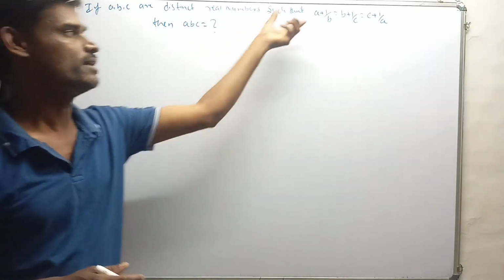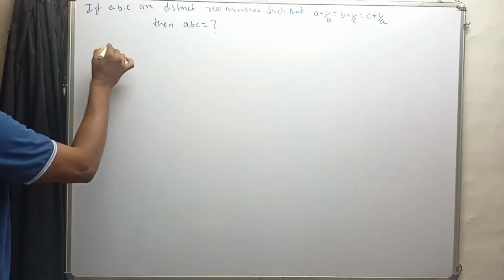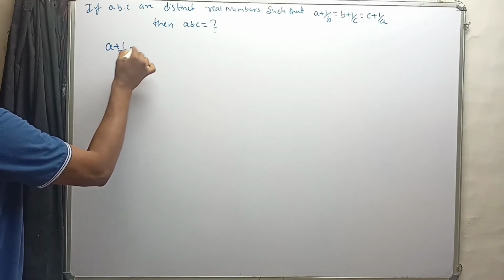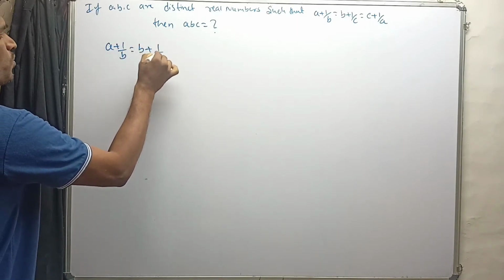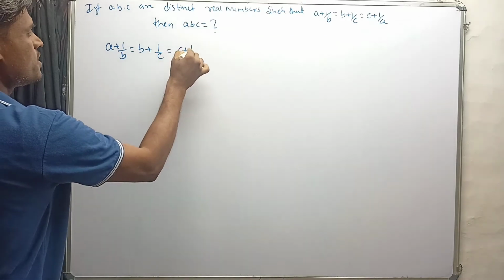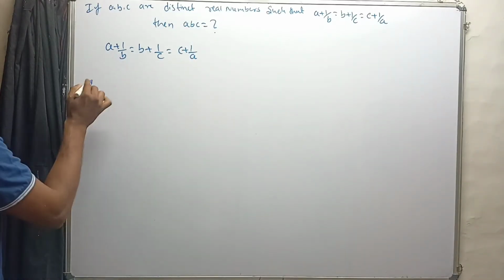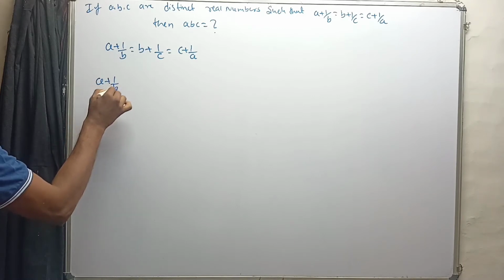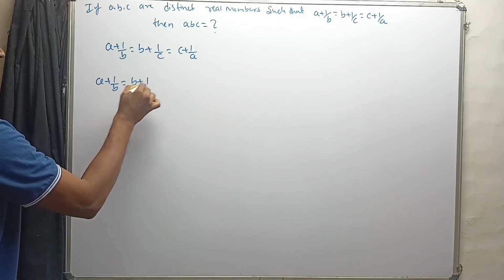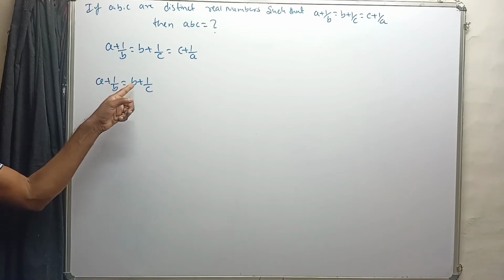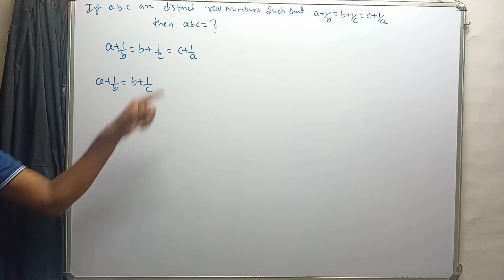To find that, let's write the expression A plus 1 by B is equal to B plus 1 by C is equal to C plus 1 by A. Let's take these two terms. We have A plus 1 by B is equal to B plus 1 by C. Let's shift this B to LHS and 1 by B to RHS.